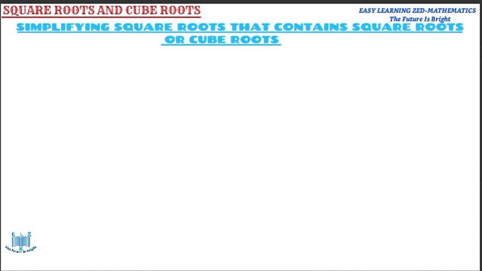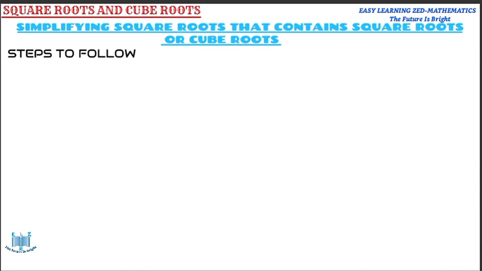So in today's work, we're going to look at simplifying square roots that contain square roots or cube roots. I'm going to start by sharing with you the steps you need to take when you want to find the square roots of terms that contain square roots or cube roots.